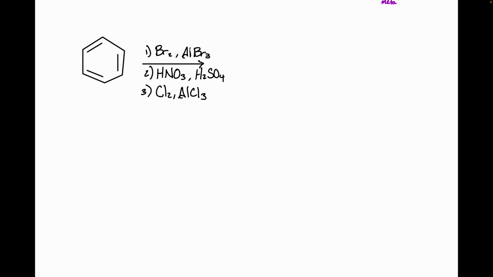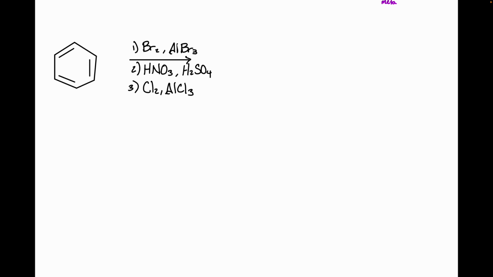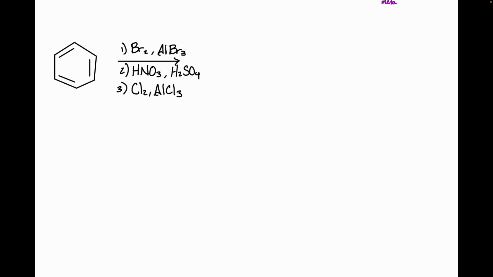I want you all to try. I will tell you that you are going to now get more than one product for this particular reaction. So keeping track of each step is going to be really important.